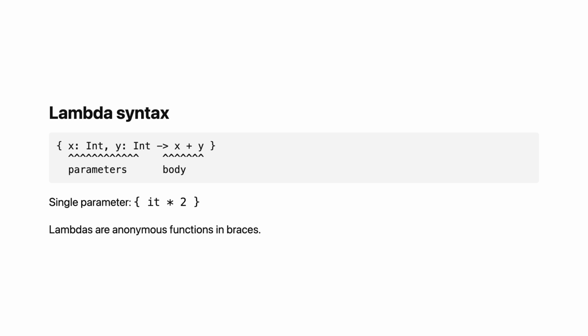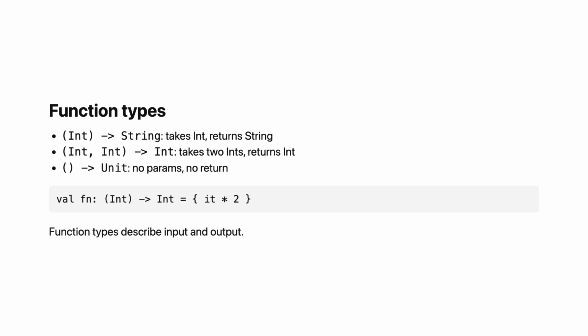Every function has a type. A function that takes an Int and returns a String has type (Int) arrow String. A function that takes two Ints and returns an Int has type (Int, Int) arrow Int. A function that takes nothing and returns Unit has type () arrow Unit.